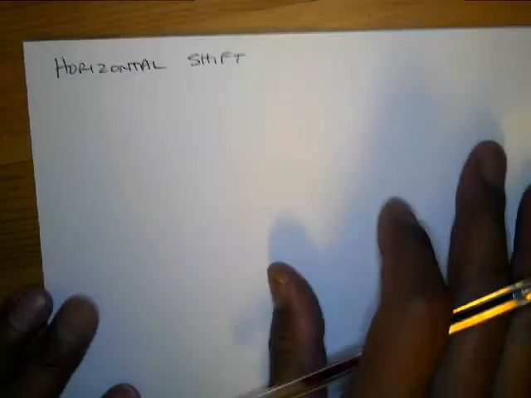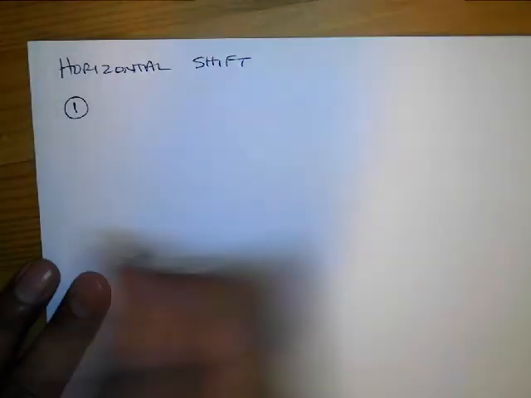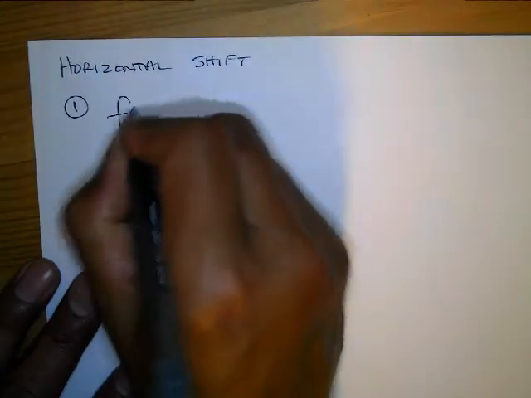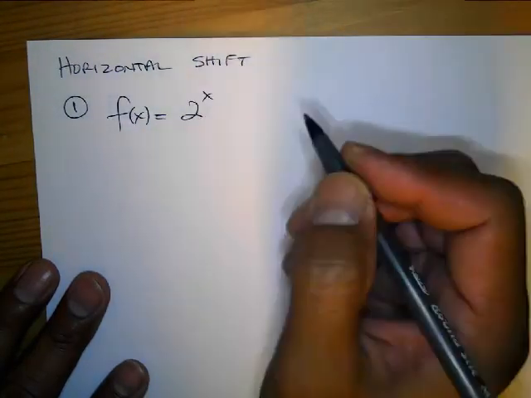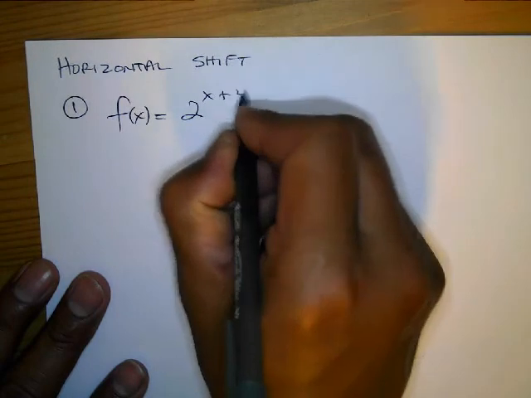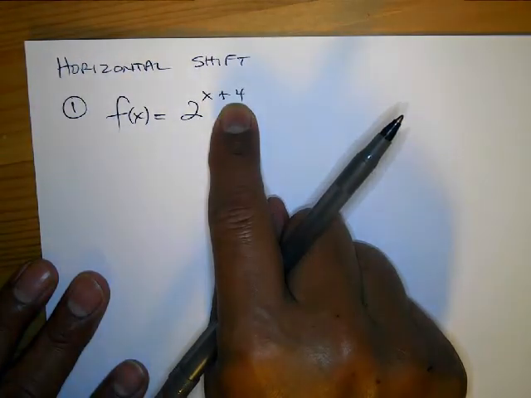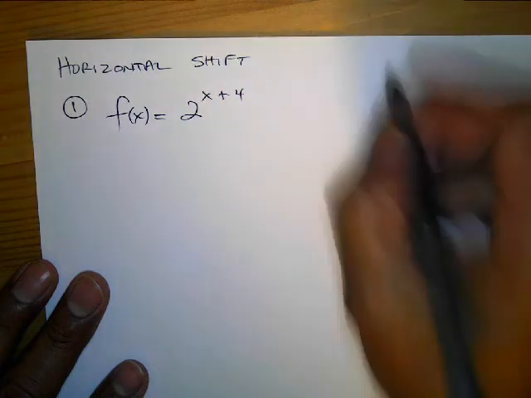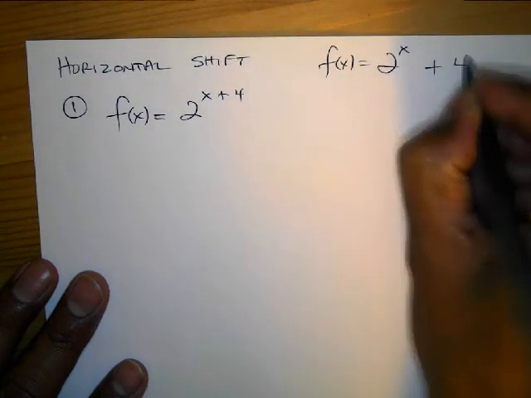So here it is. Okay, so now the horizontal shift is going to look like this. And it's going to be really easy. Number 1, you're going to have something like f of x is equal to 2 to the power of x plus 4. See, notice that it's up here. It's not like this.